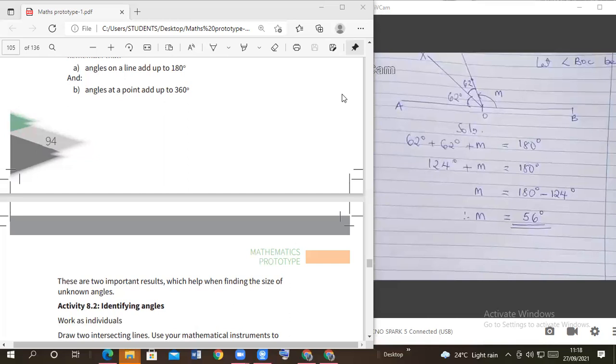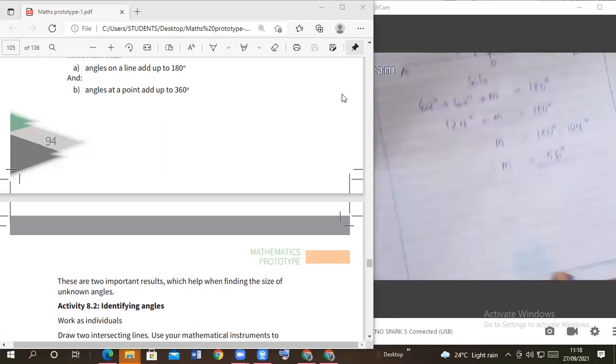Are we together? Yes. Good. So, which property are we using here? We are using angle in a straight line and then angle at a point. Members, are we together?